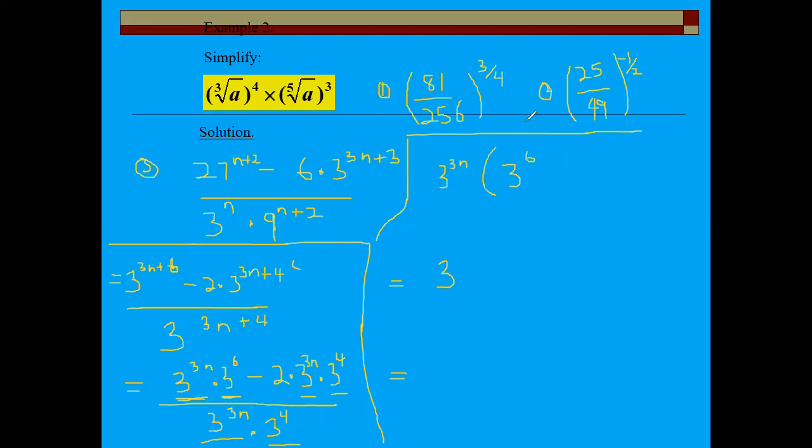Even at this point, let me re-express this. This is the same as 3 raised to the power 4 plus 2.